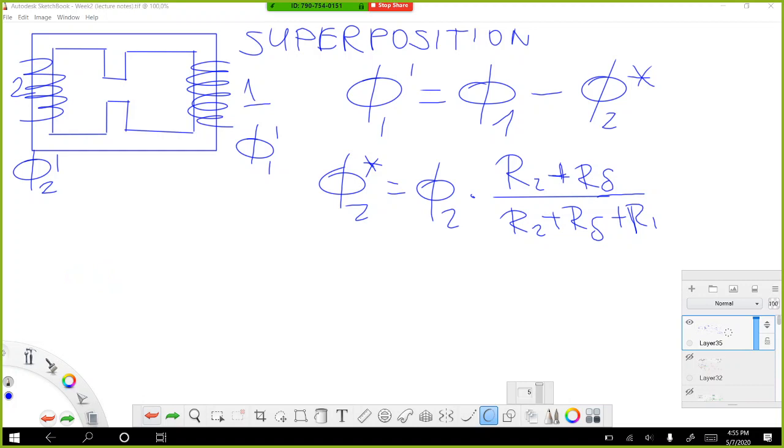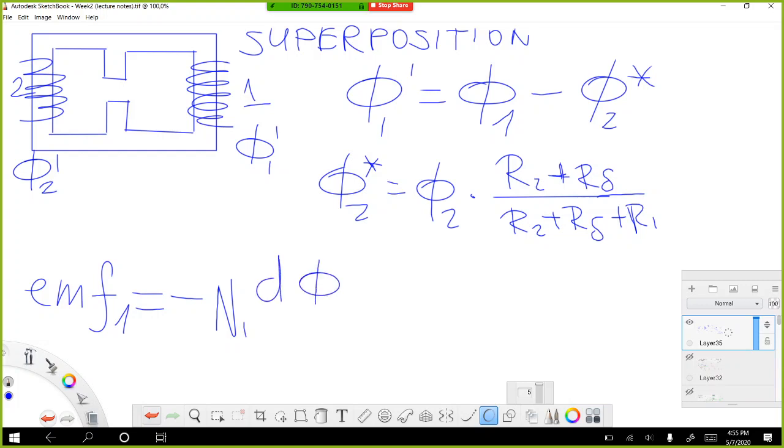When we know phi1 prime, we can find the electromotive force of the first coil as minus n1 d phi1 prime over dt.